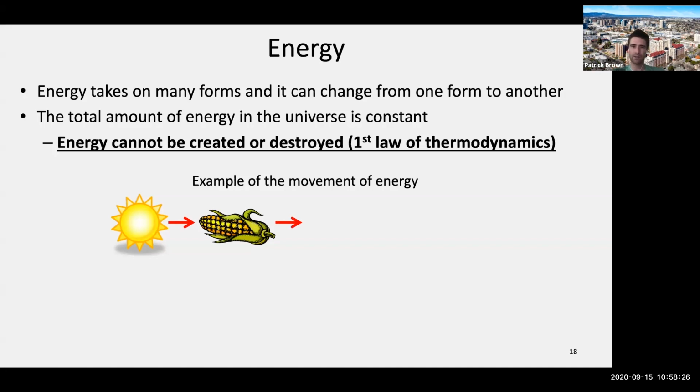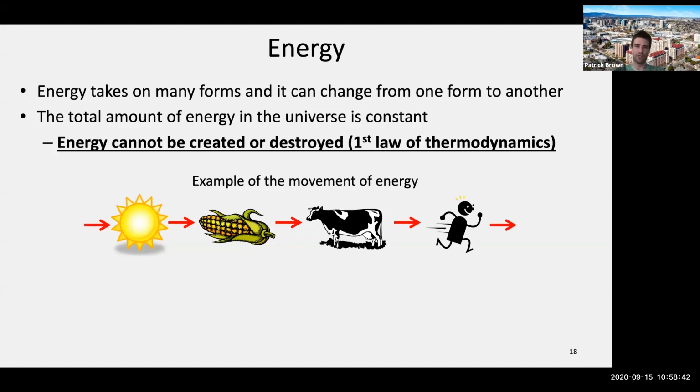Then animals eat those plants, and animals higher up on the food chain eat those animals or eat the plants directly. So humans eat the animals or the plants. This is just the movement of energy coming from the sun, empowering our bodies.